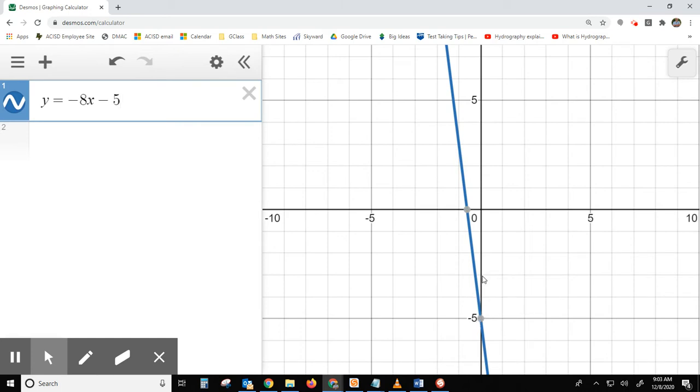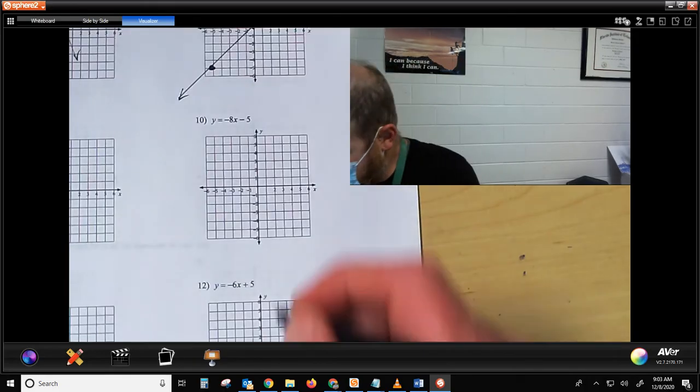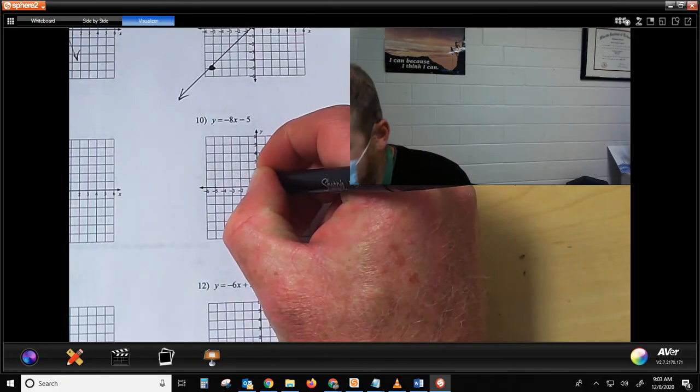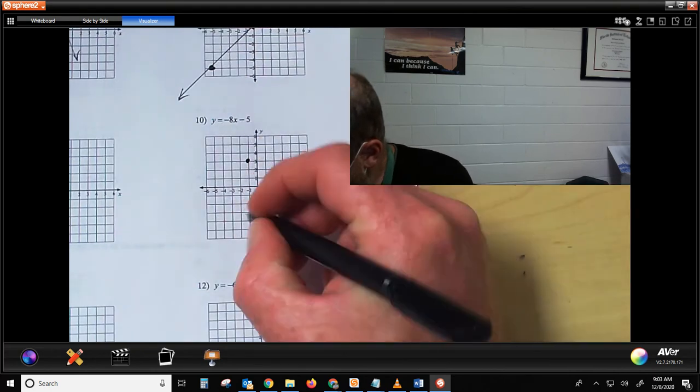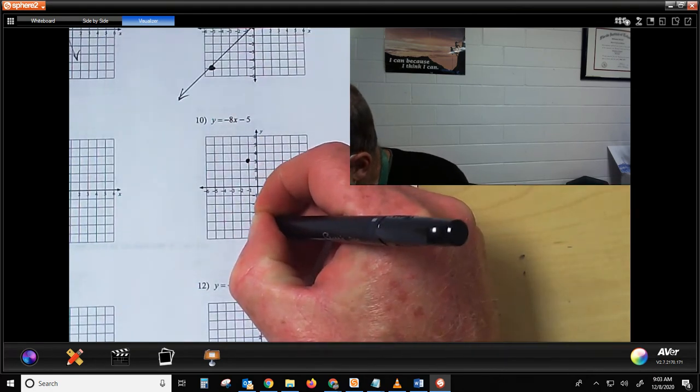Up 8: 1, 2, 3, 4, 5, 6, 7, 8 over 1. So there should be a point here. I guess you have to be real close. -1, 3 is on this graph. Flip back to my piece of paper. -1 and 3. And then -5 was also on the graph.